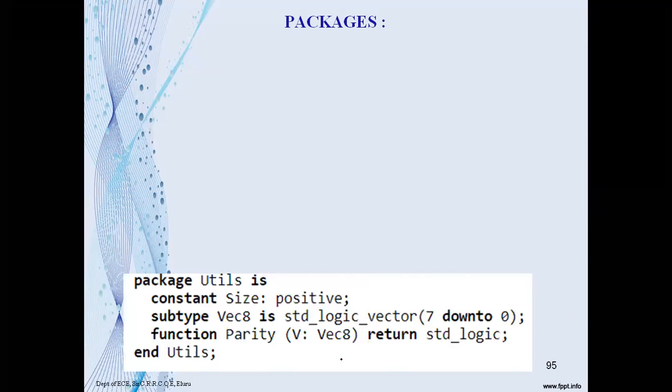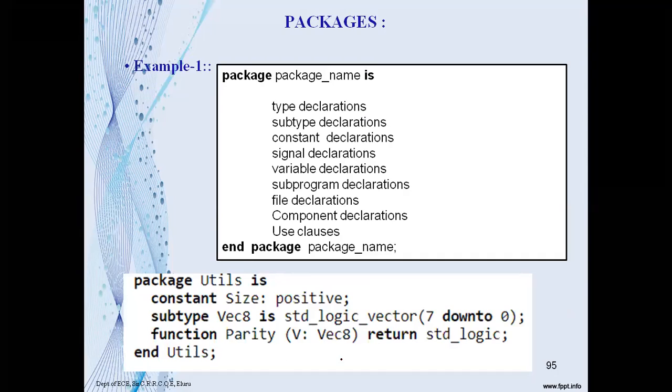Second, we will take an example of this. What is the syntax of the package? At the top you can see the package declaration, and at the bottom you can see an example of a package. How to declare the package? First, we have to declare the package with the package declaration.